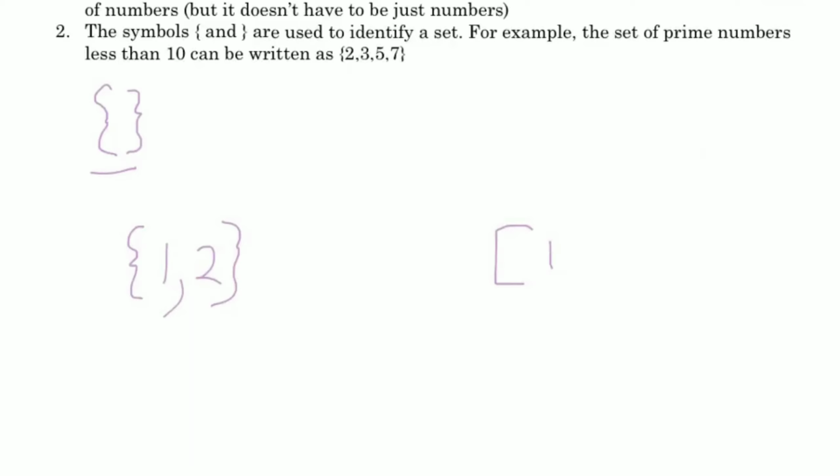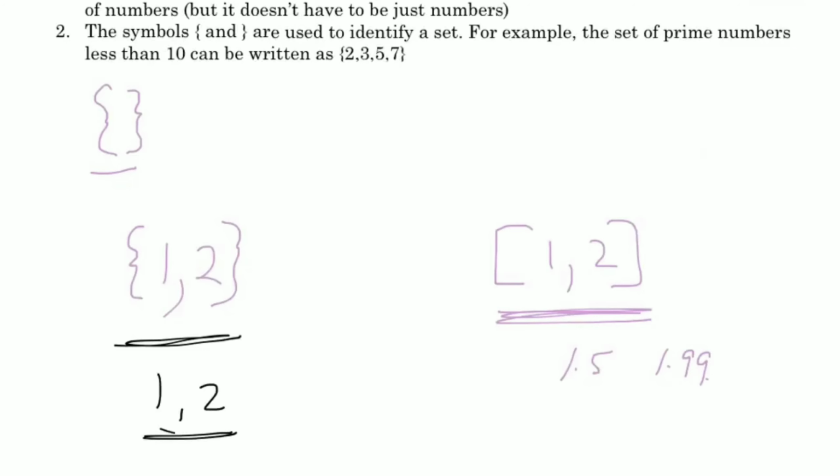If we were to use square braces, 1, 2, this is a range of numbers. This here is the range of all numbers between 1 and 2, including 1 and 2. So this would include things like 1.5 or 1.99, whereas over here all we have are just the numbers 1 and the number 2 and nothing else.